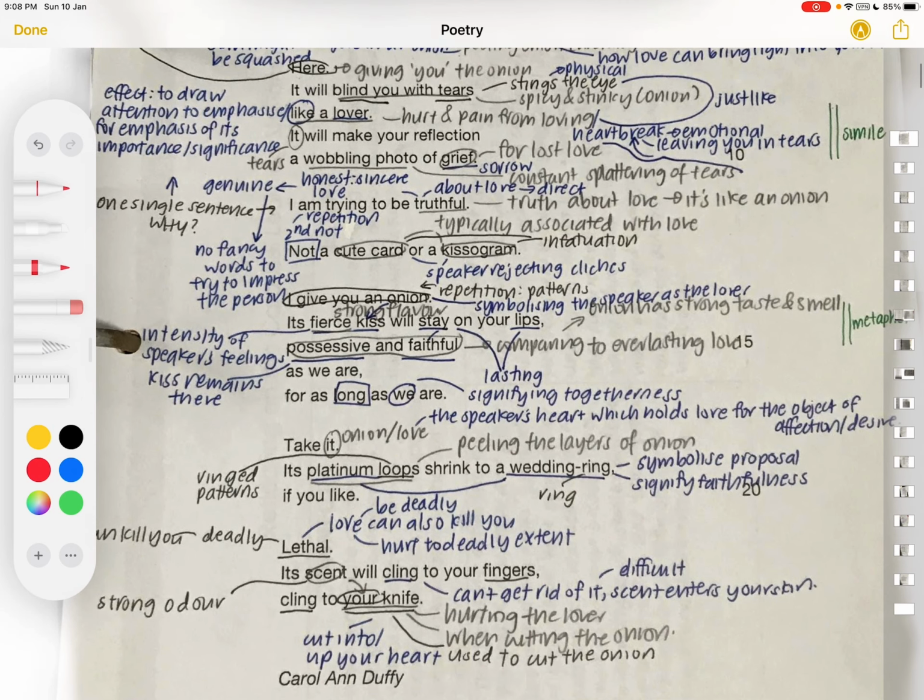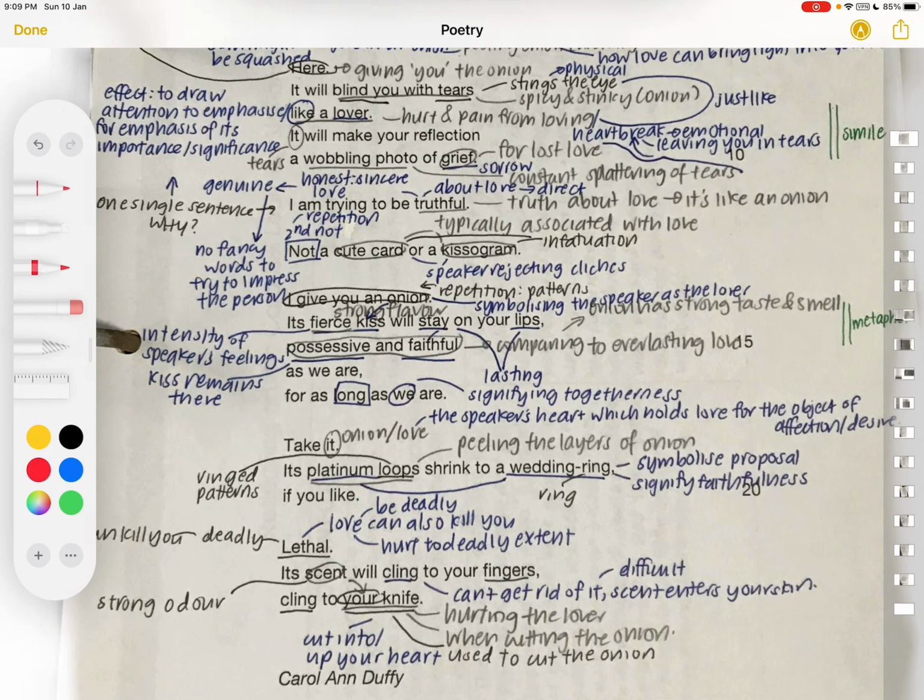So next, the fierce kiss reflects the intensity of the speaker's feelings, where the kiss is possessive and still remains there even after it's over. The fierce kiss also resembles the strong flavor of an onion that will continue to stay on your lips after you've eaten it, and it's very lasting.